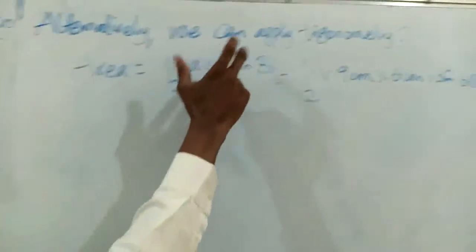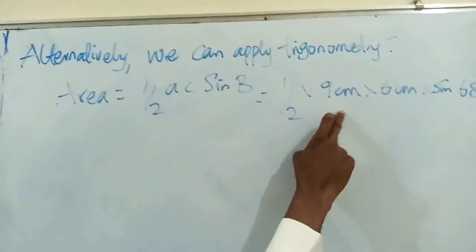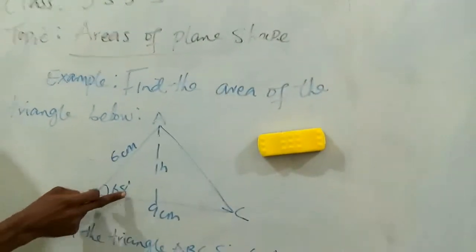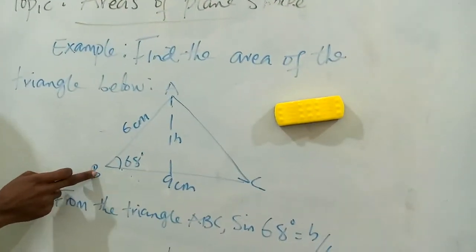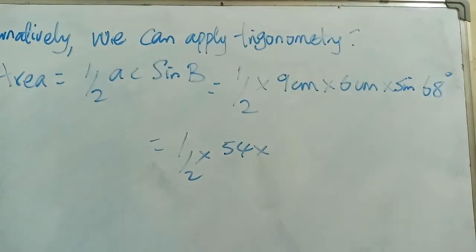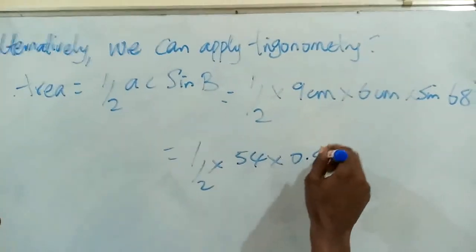So our half AC sine B, we have half times 9 cm times 6 cm times sine B. We have our B here in the triangle, and we have angle 68. So sine B is sine 68 degrees. So that gives us half times 9 times 6 gives us 54 times our sine 68, which is 0.9272.